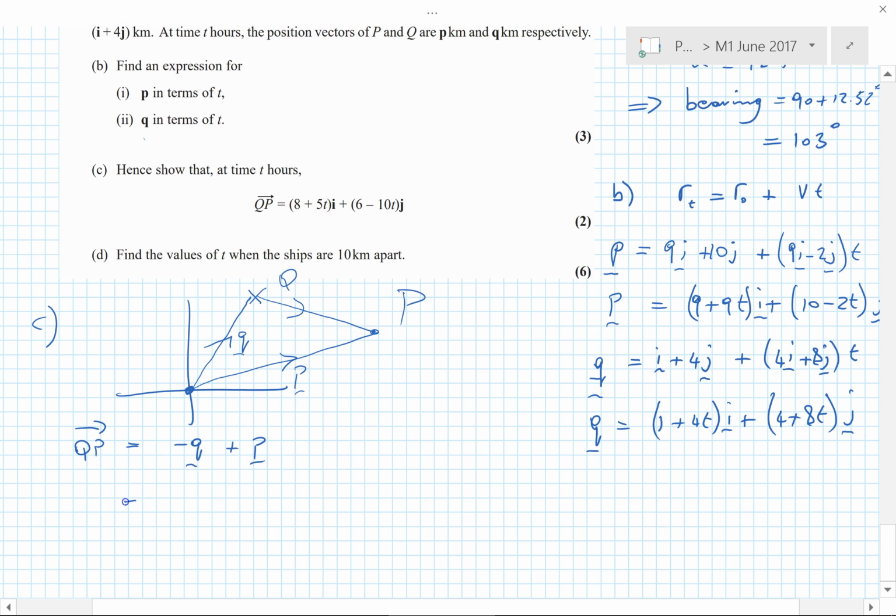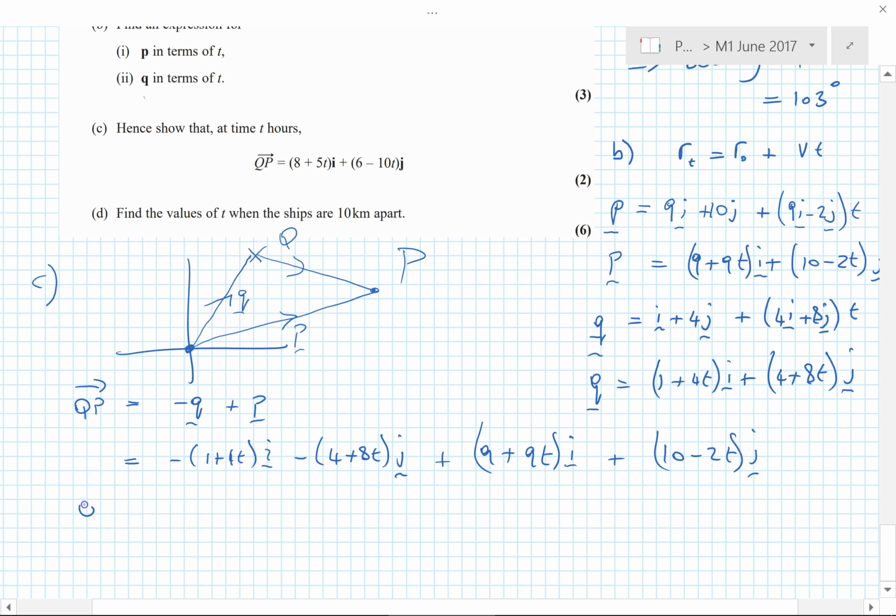So that equals minus 1 plus 4t i minus 4 plus 8t j, plus P, that's 9 plus 9t i plus 10 minus 2t j.